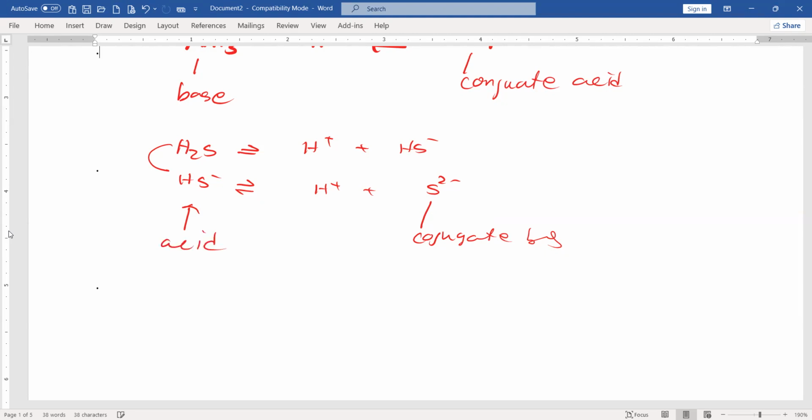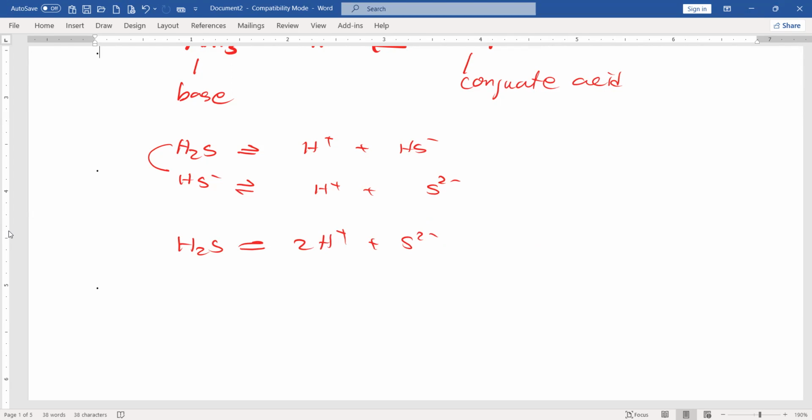Acid and conjugate base. If you take this as the base, then you can say this is the conjugate acid of this. For both sides, it is true. The only thing is there must be only one hydrogen difference between the acid-base pair. If you take H2S going straight away to 2H plus and S2 minus, this is not a conjugate pair.